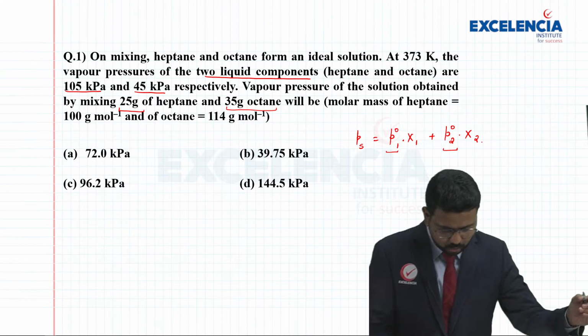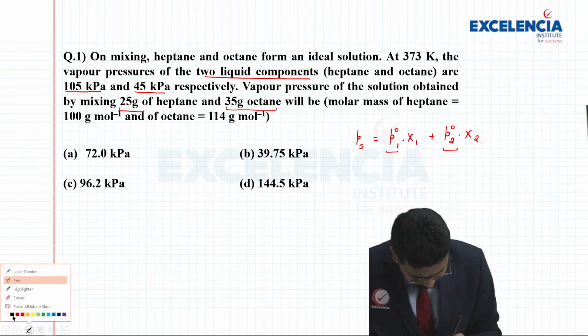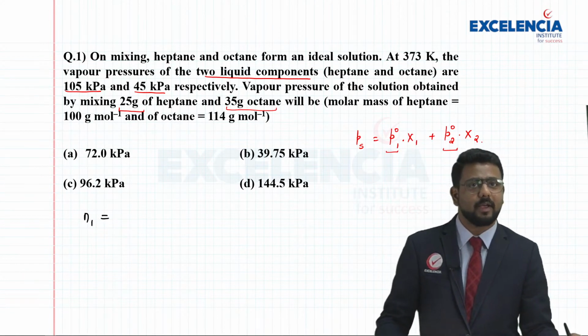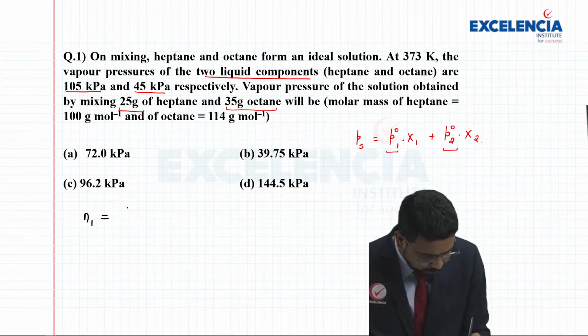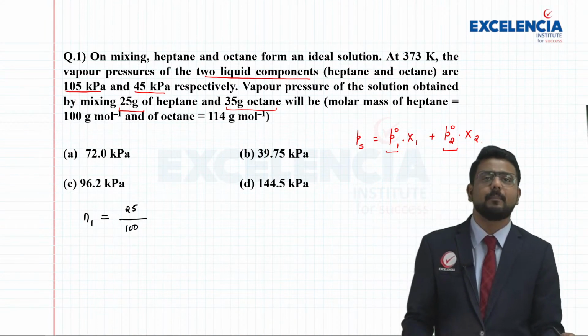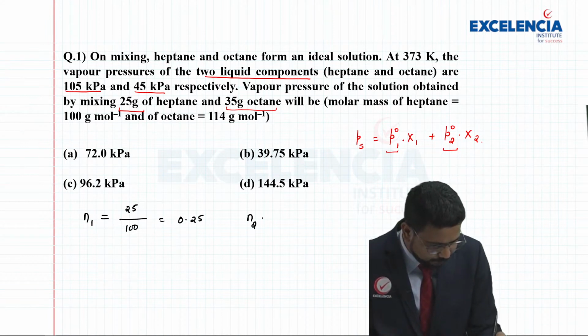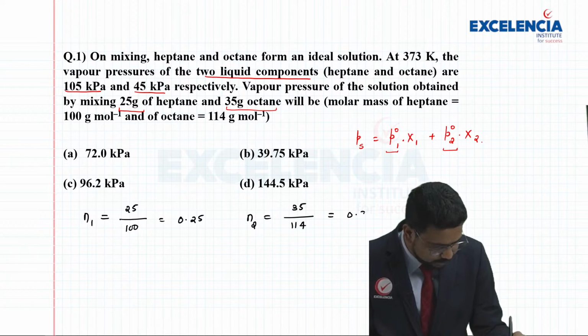The first thing you need to do is find the number of moles of heptane, which is 25 over 100, coming out to be 0.25, and the number of moles of octane will be 35 over 114, which comes out to be 0.30.